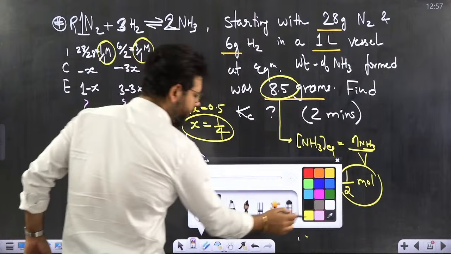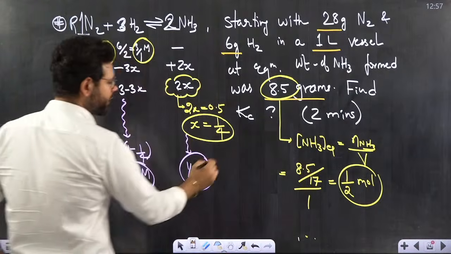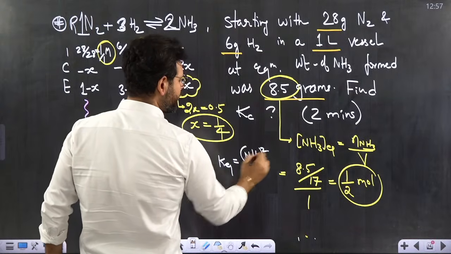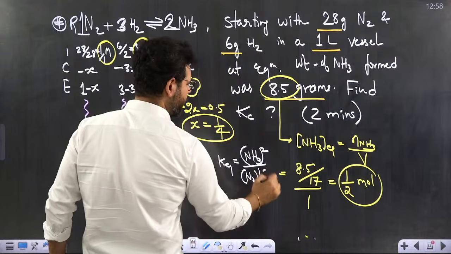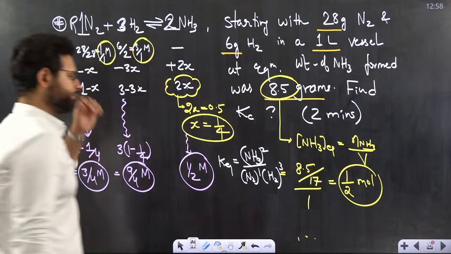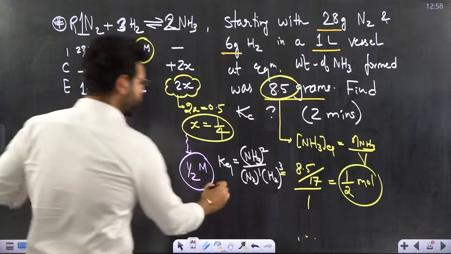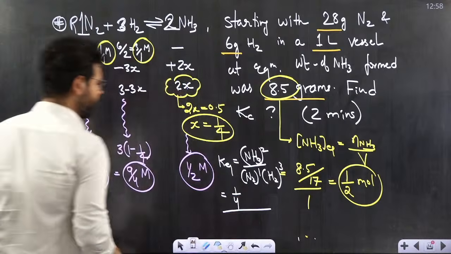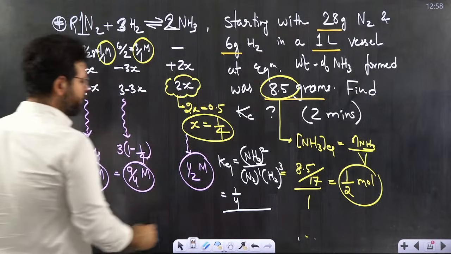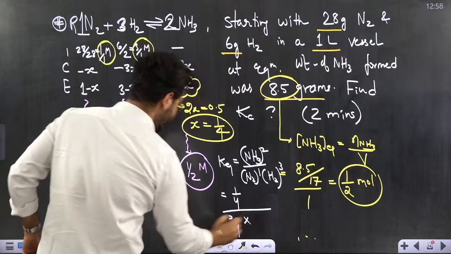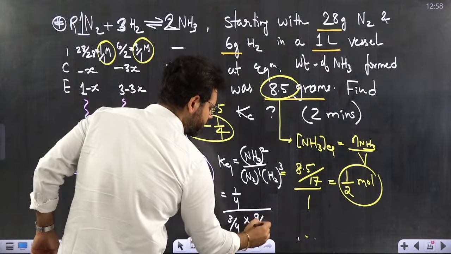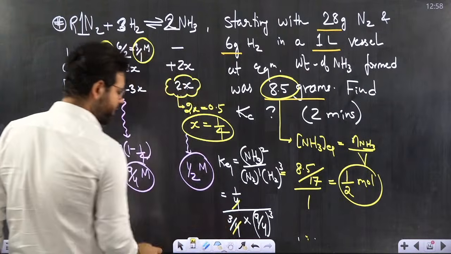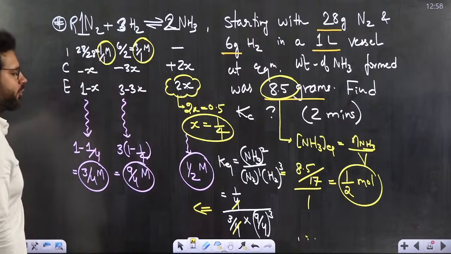Right. So now we can write the equilibrium constant. First, always write the expression of the equilibrium constant, which is concentration of ammonia squared by concentration of nitrogen to the power 1 and hydrogen cubed. Ammonia squared can be written as (1 by 2) squared, 1 by 4, divided by 3 by 4 to the power 1, and (9 by 4) whole cubed. So 4 and 4 cancel out.